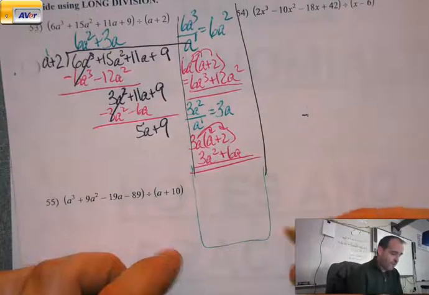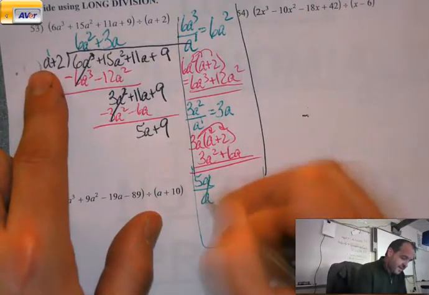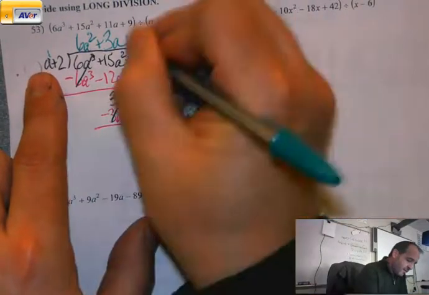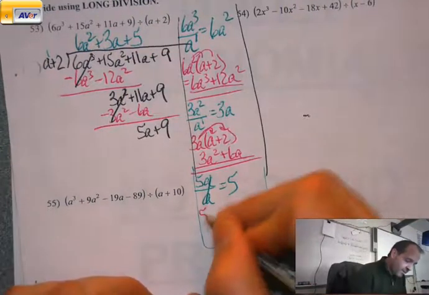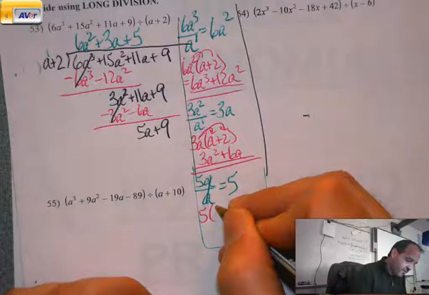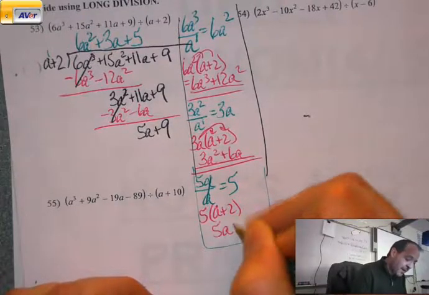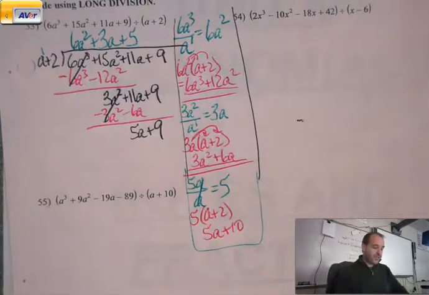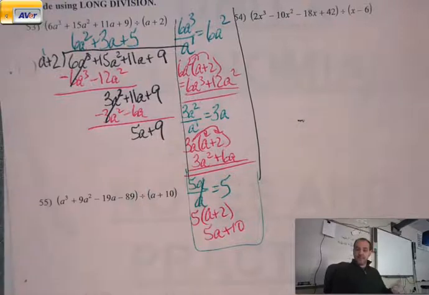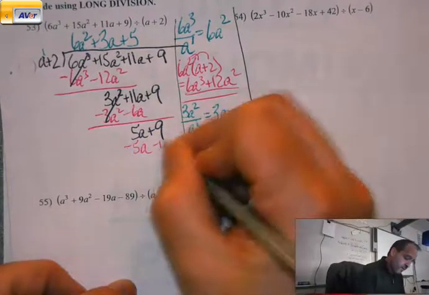Last one, pain will be over. 5a divided by a. A's cancel. Woohoo. Multiply the 5 through. If this is driving you crazy, might I suggest somewhere off to the corner on your note card, you at least just put an example of what the 2 steps would be to remind yourself?